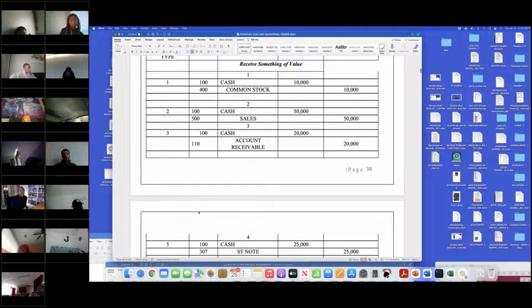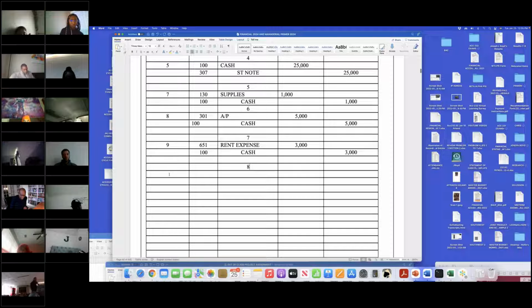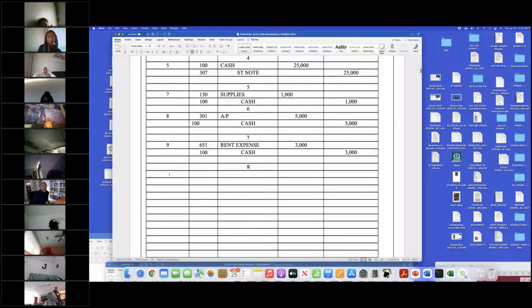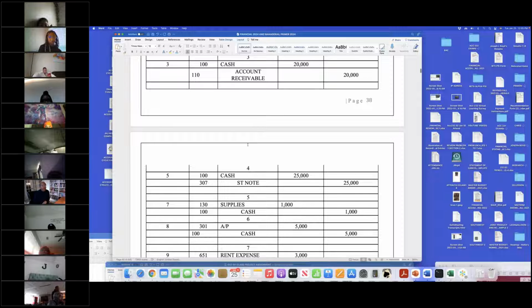Type is 10. We debit dividends, credit cash. Crediting cash. And our amount was 2,000.